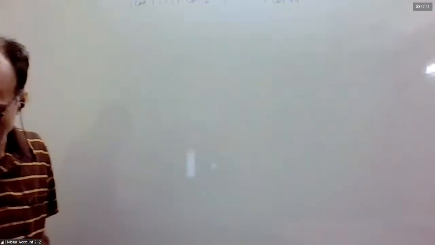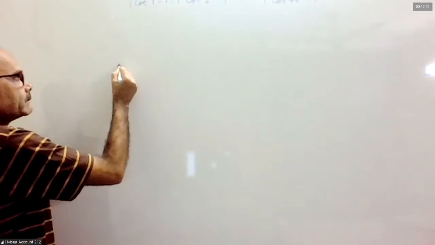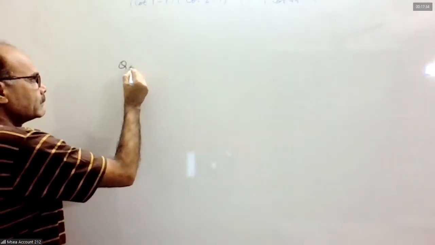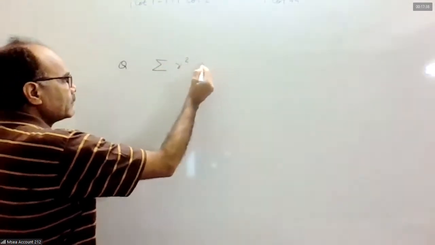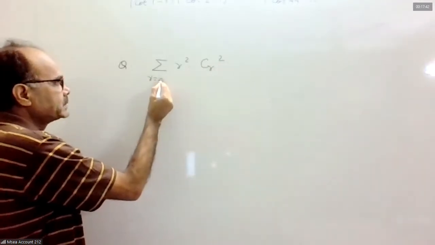Next, one more. Summation of r square, C r square, r going from 0 to n.